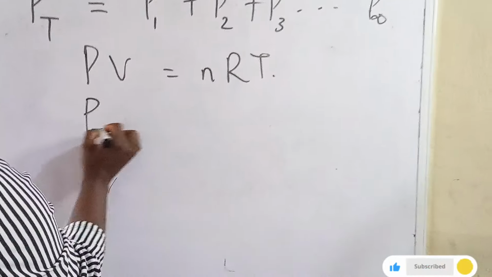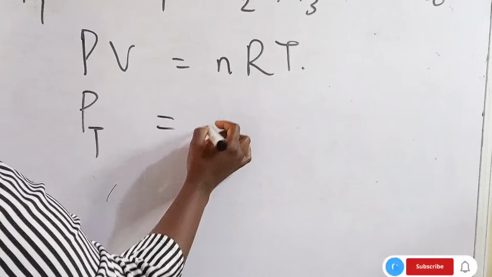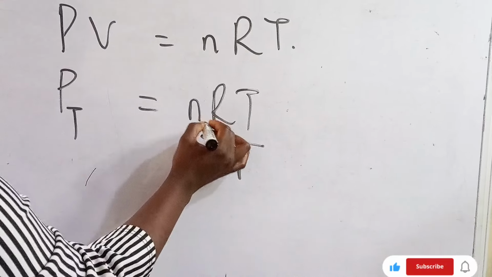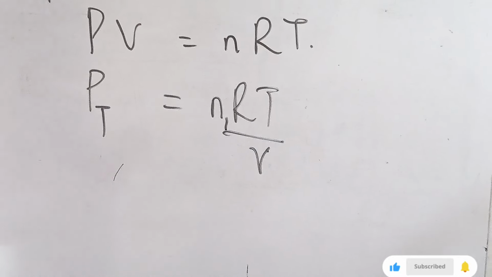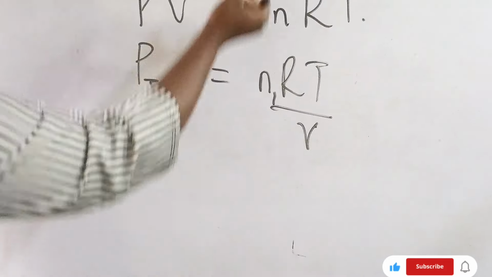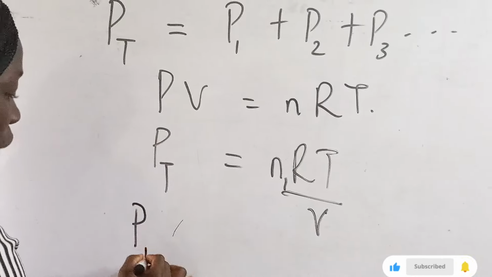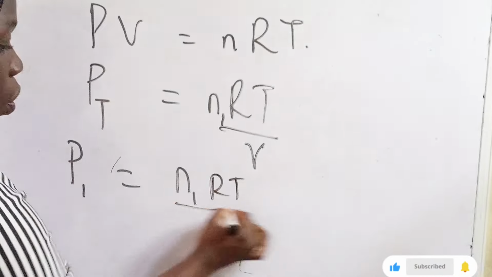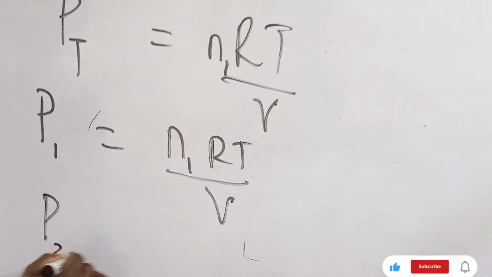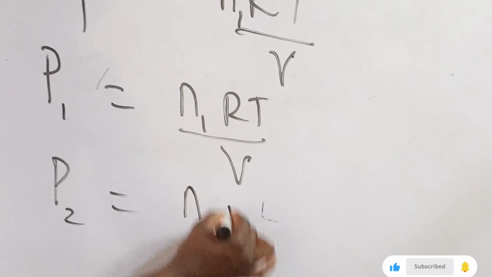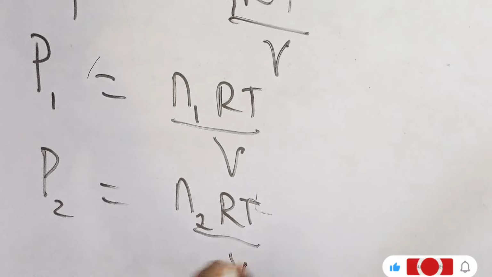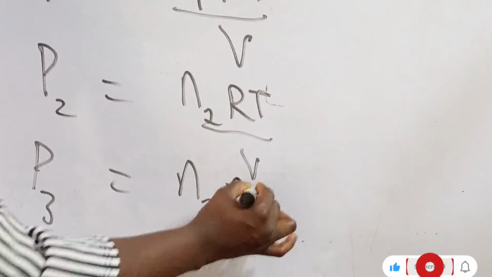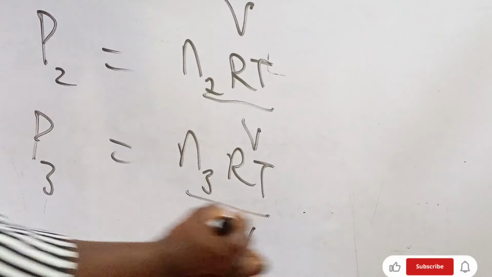So the total pressure of the gas exerted will be nRT over V. For each gas, P1 will be N1 RT over V, P2 will be N2 RT over V, and P3 will be N3 RT over V.